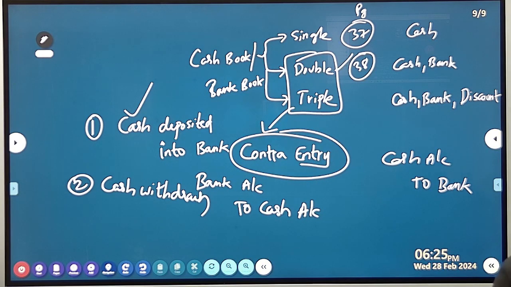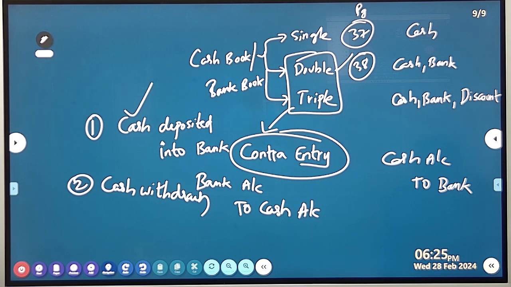Here come to page number 38. Below the double column format, this type of cash book gives rise to a unique type of entry called contra entry. When any transaction takes place involving bank account and cash account, posting will happen on both sides of the same account. This is called contra entry.